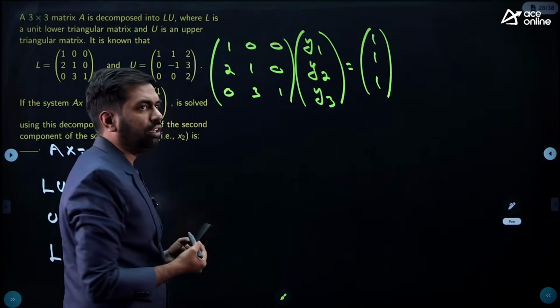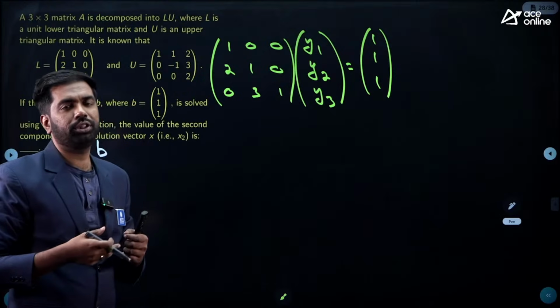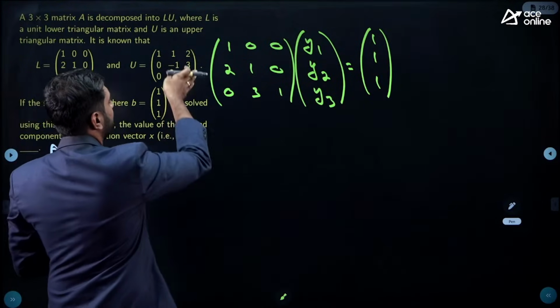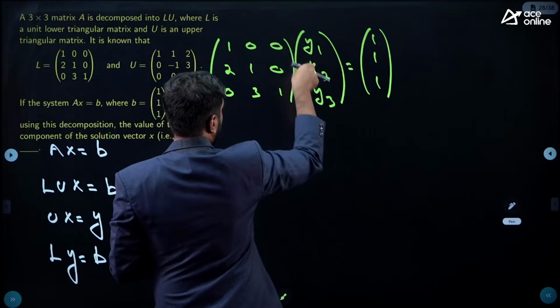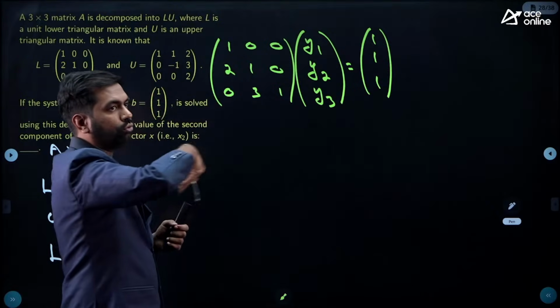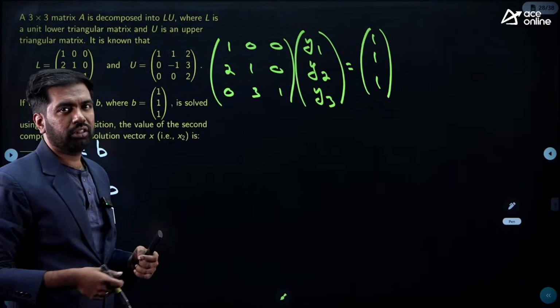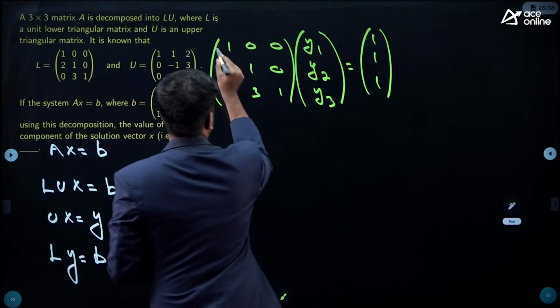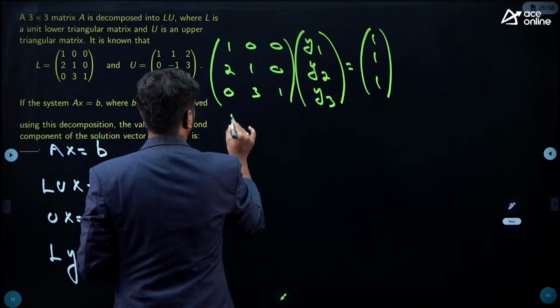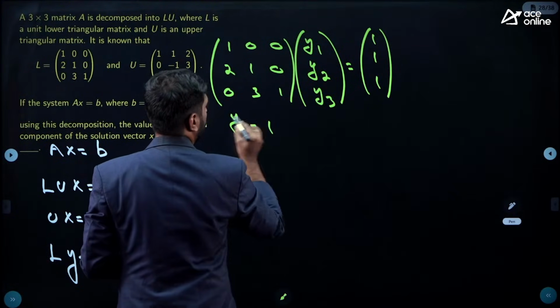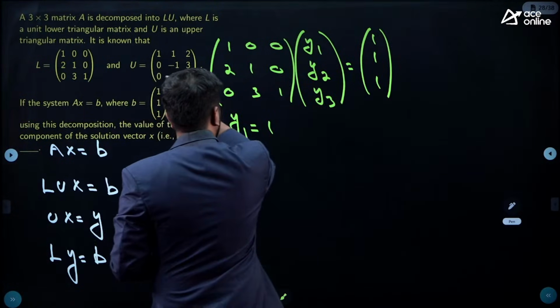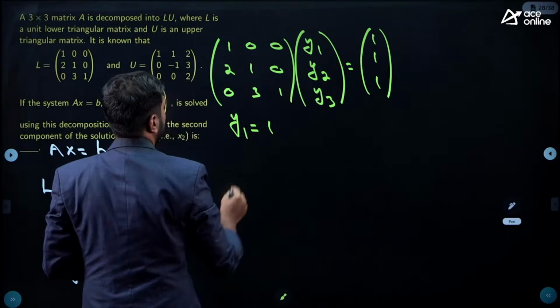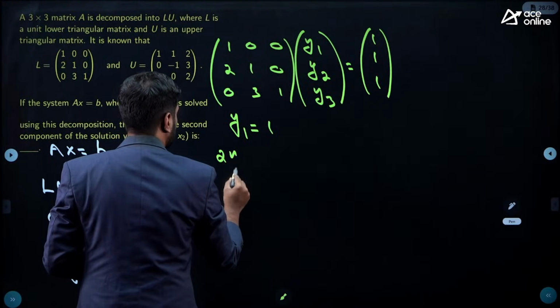The nice way to solve this is called forward substitution. You start multiplying this with this, you will get y1 followed by y2 followed by y3. Forward substitution. So when I take this row, multiply with this, I get the value of y1 as 1. When I take this row, multiply with this, let's see what do I get.